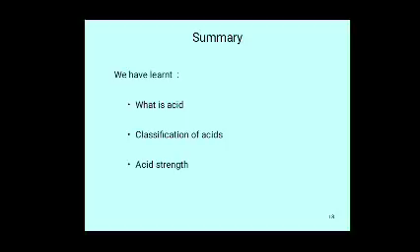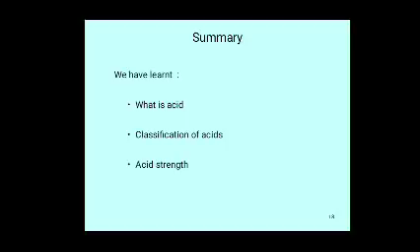Acids that dissociate to a large extent and produce a large number of H+ ions in aqueous solution are called strong acids. Those which produce fewer H+ ions in aqueous solution are called weak acids. Strong acids are HCl, H2SO4, HNO3.